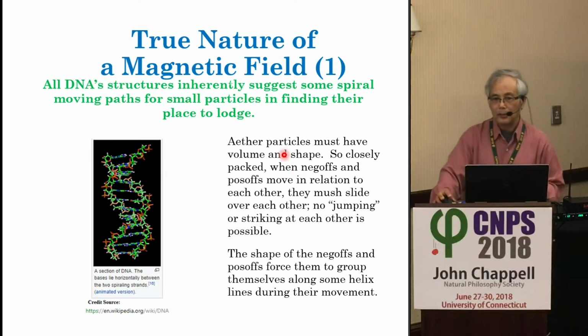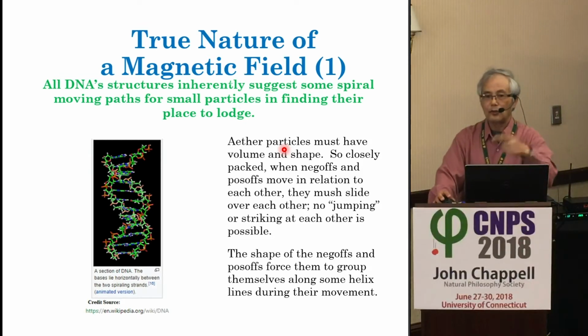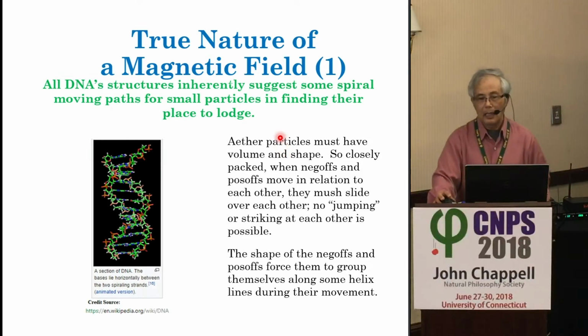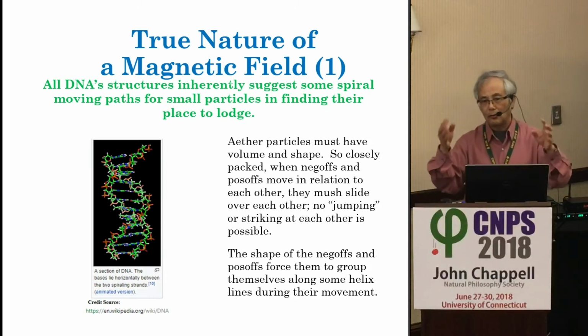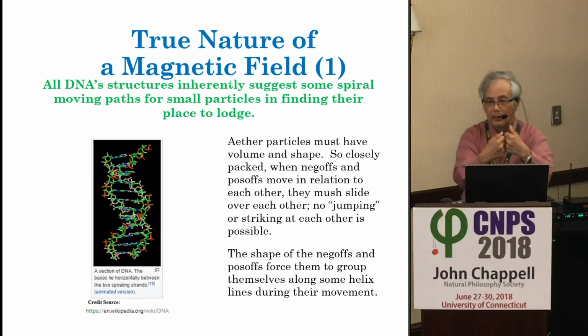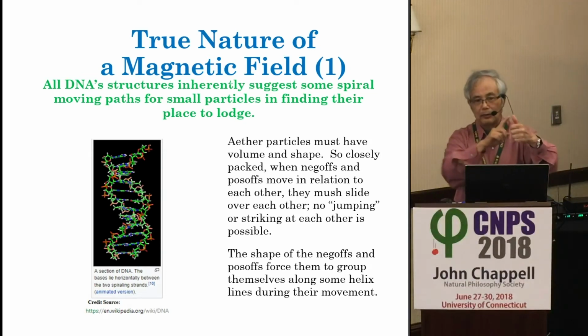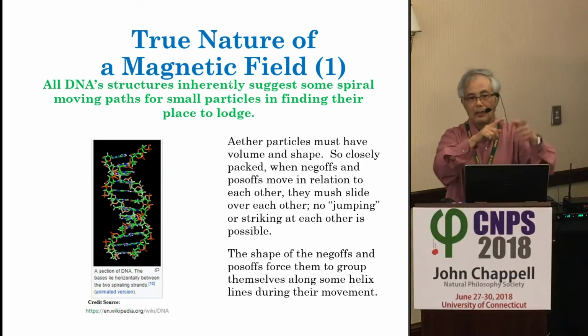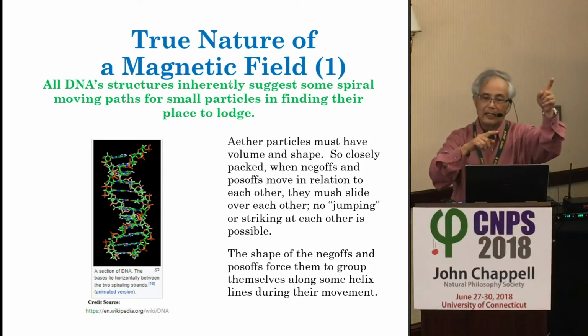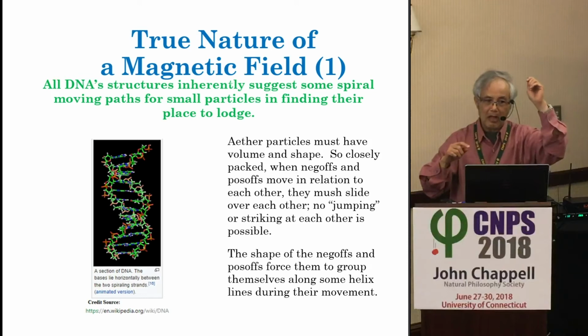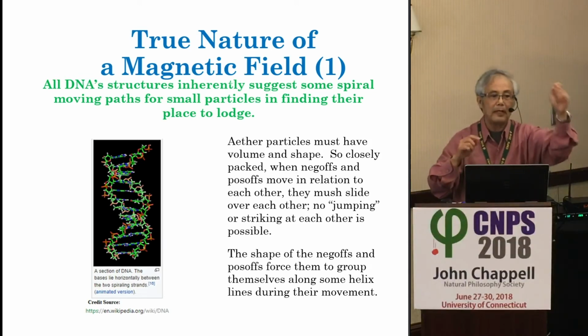The ether particle has certain volume and also must have certain shape. Because they are so closely packed together, when the electron moves further down the line, some subparticle of the ether must be affected.